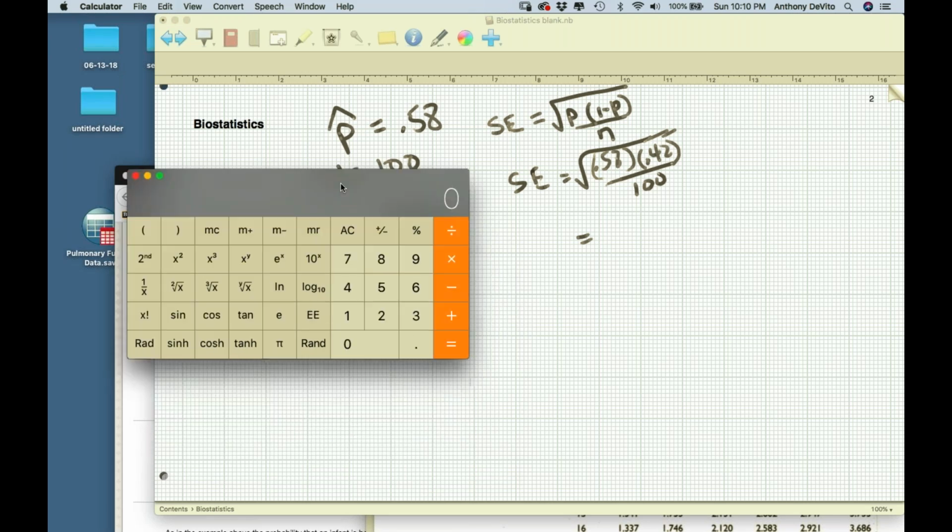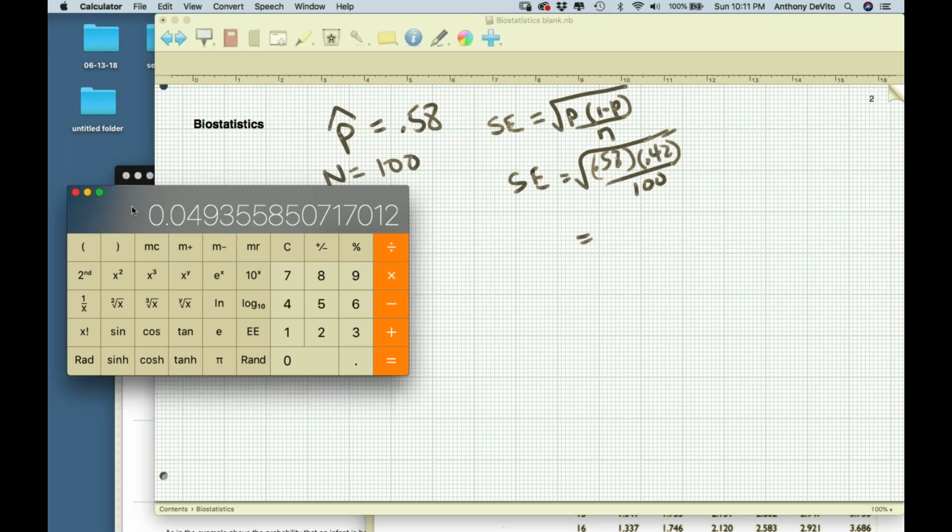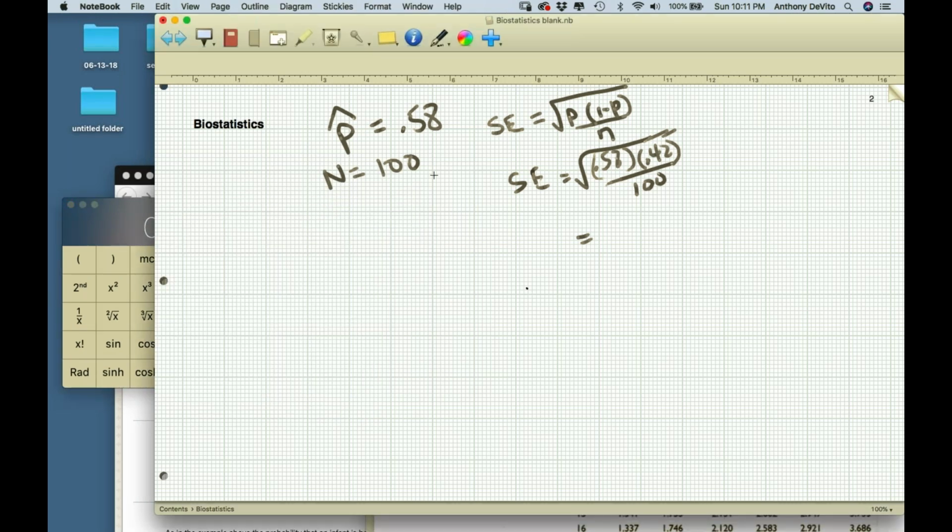It even helps more to use Excel, to tell you the truth. Okay, 0.58 times 0.42 is equal to this, divided by 100. Right, we resolve all of that before we take the square root. Now take the square root of that result, and it's about 5%. It's 0.049, right? 4.9%.